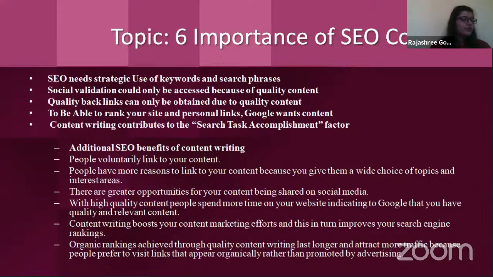Fourthly, in order to rank your website and individual links, Google needs content. This is straightforward logic. There is nothing hidden. If you do not have content, why will Google rank you, and what is Google going to rank? In Google Images, Google ranks images. In Google Video, the same way, and in the normal Google section, Google ranks text, your written content.